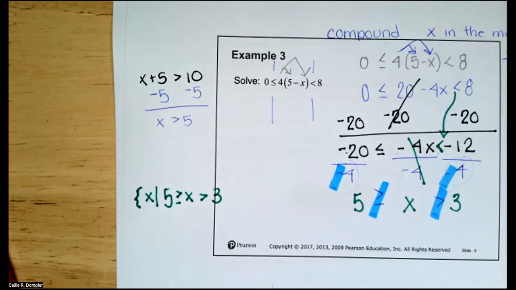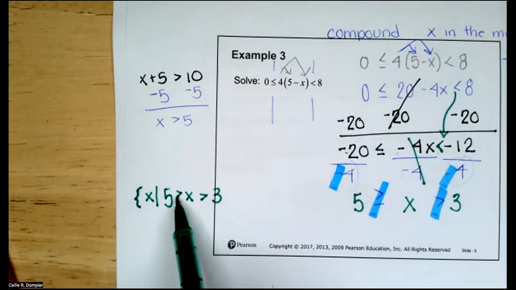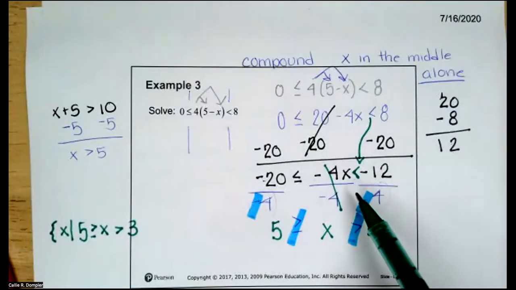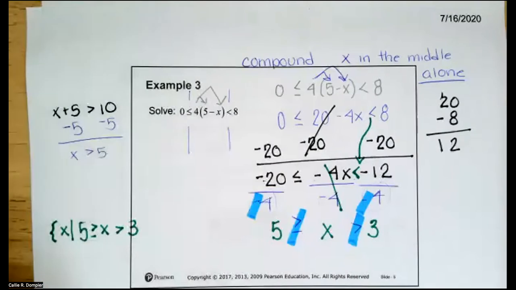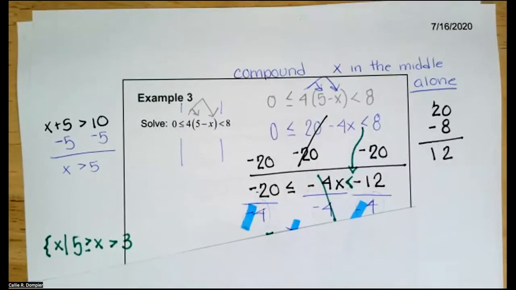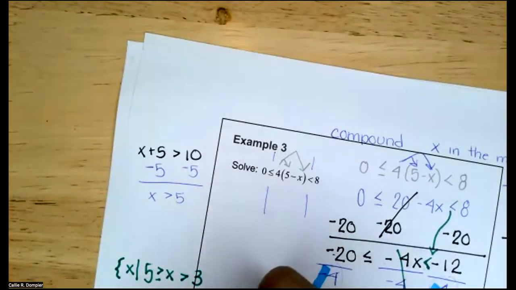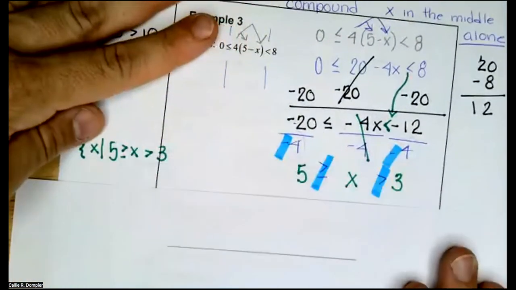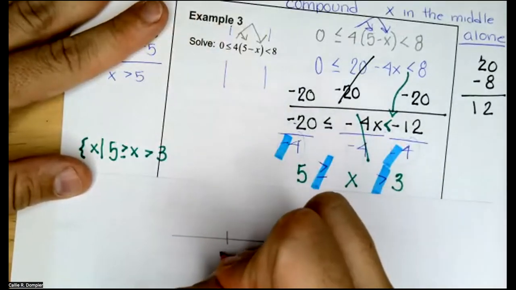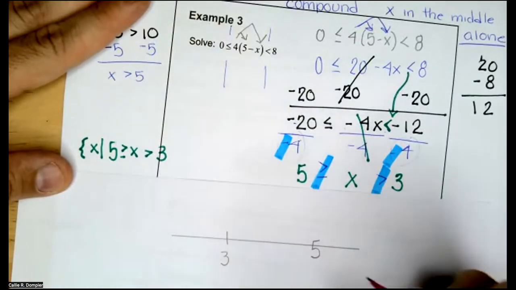If I read that, x is greater than 3, x is less than or equal to 5, it's kind of like because I flip those signs, my terms are backwards, right? If I were to graph this, three's over here and five's over here.